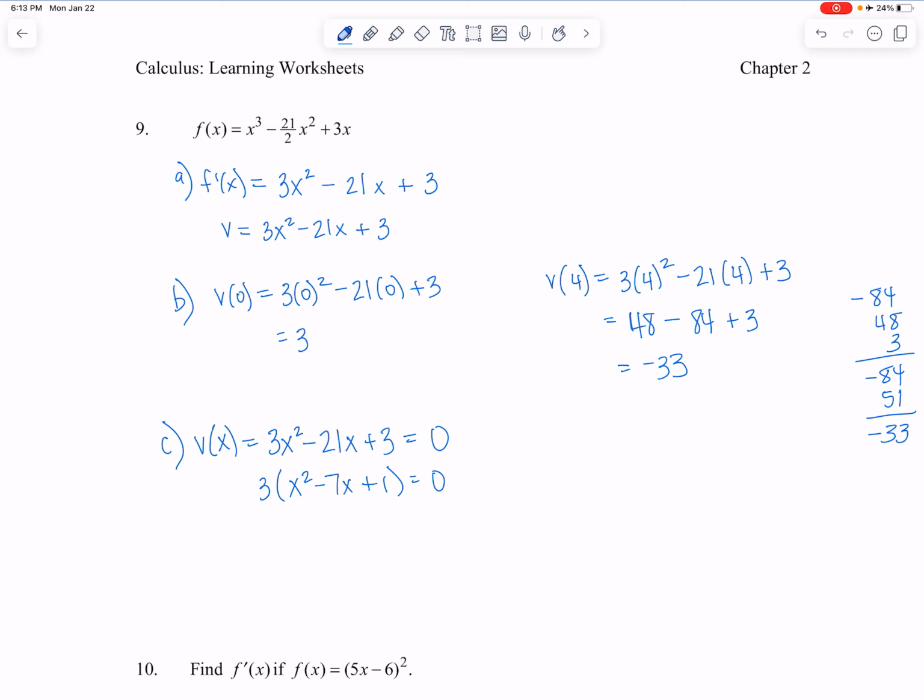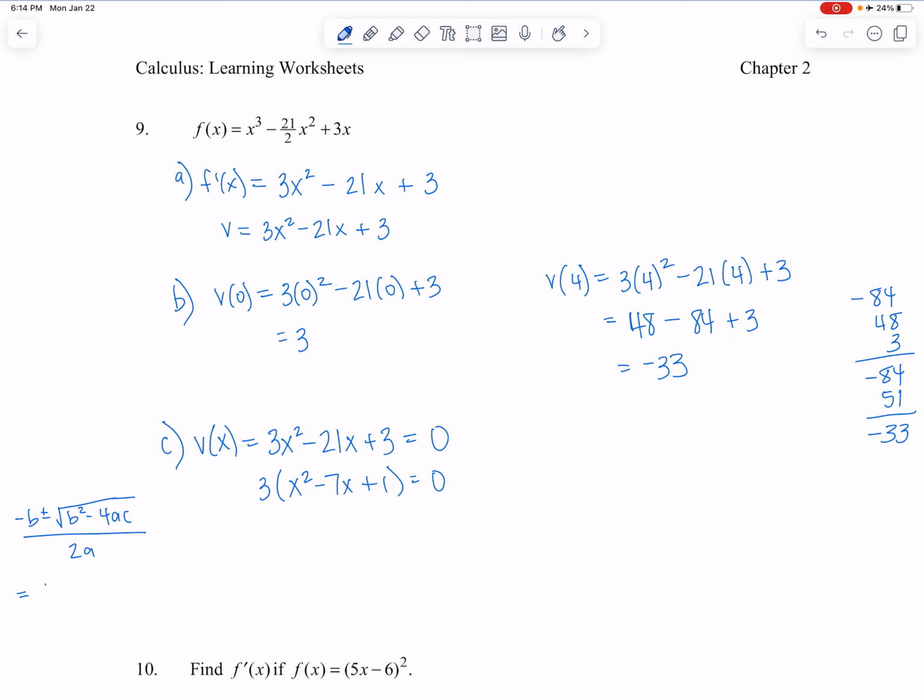Okay, so we can't factor, so I'm going to plug it into the quadratic formula. If we refresh, negative b plus or minus the square root of b squared minus 4ac all over 2a.